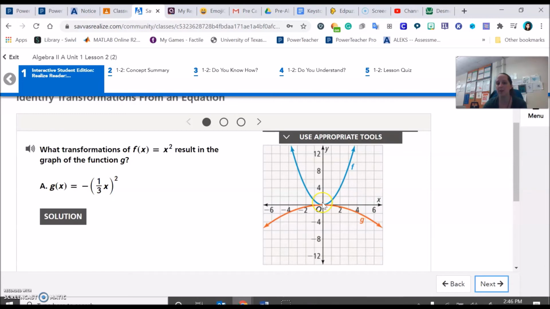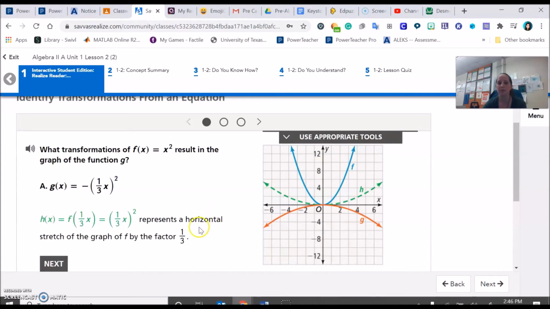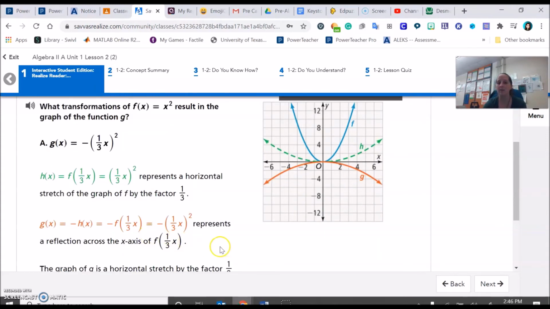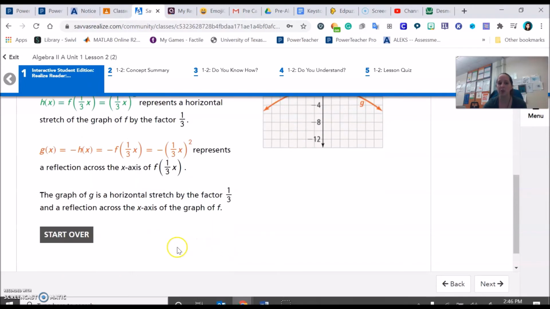So that tells me that it is a reflection over the x-axis, and this 1/3 tells me I stretched it out. So you can see that I stretch. Okay. So f of x equals 1/3 x squared. So that's again that stretch out. And then because it's negative, that tells me it flips over the x-axis as a reflection.